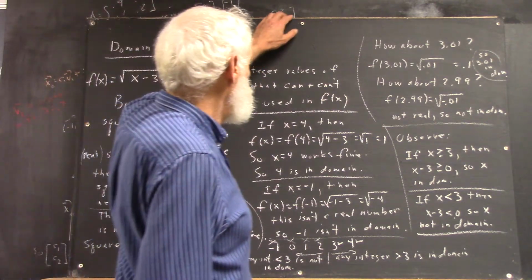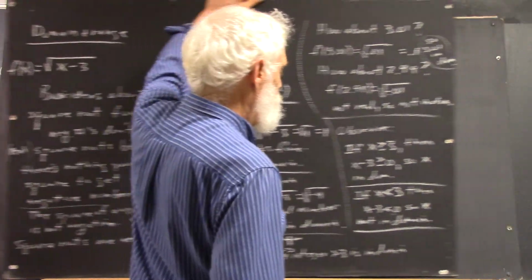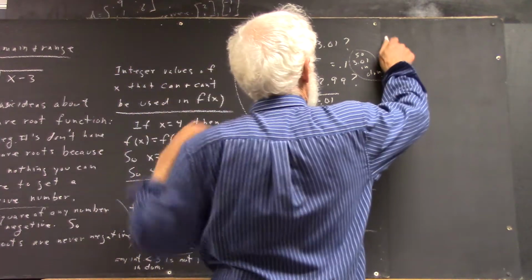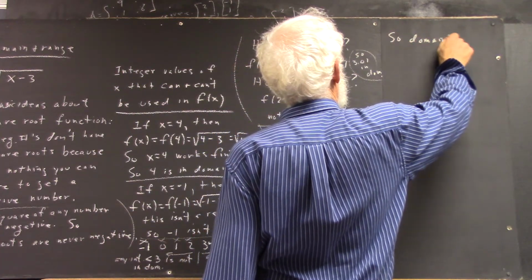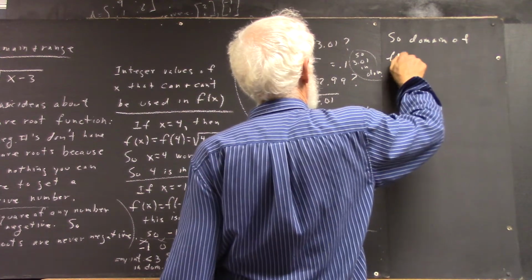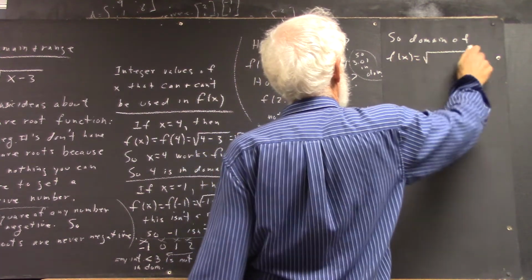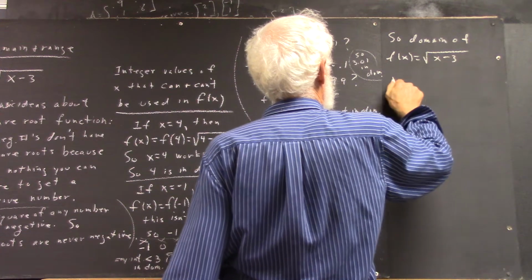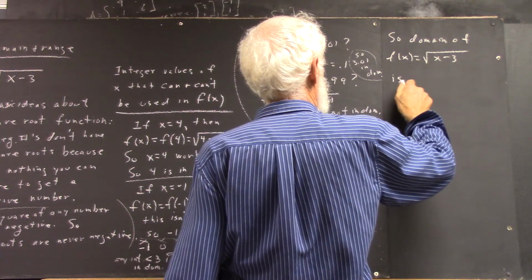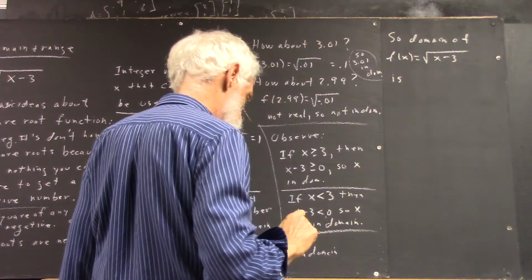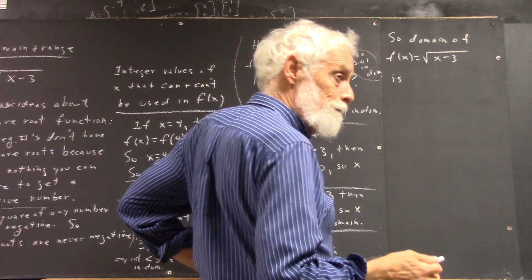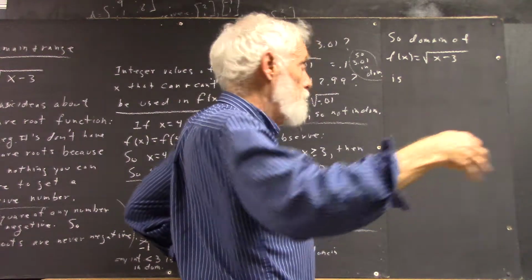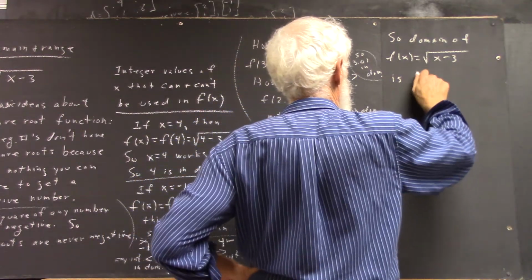Well, then we conclude that the domain of f of x equals square root of x minus 3 is, there are various ways to write this. I glanced at your notes, but I didn't look at the notation.